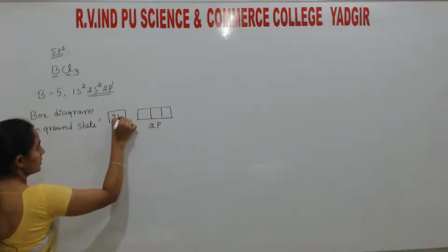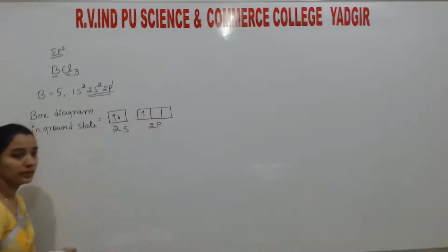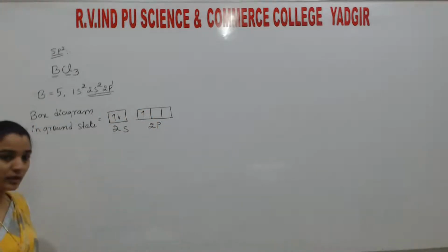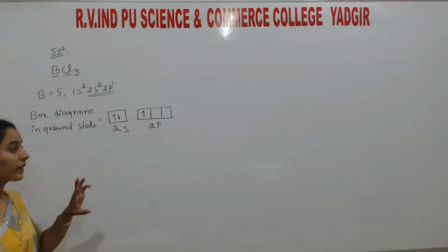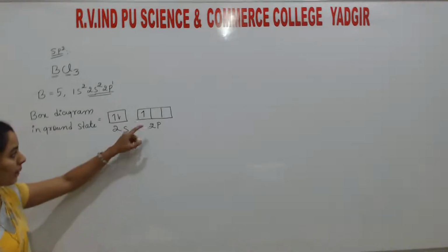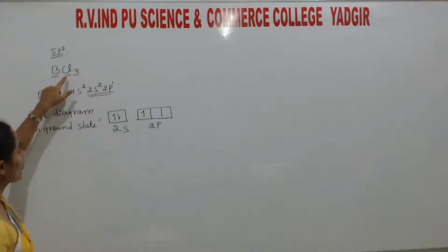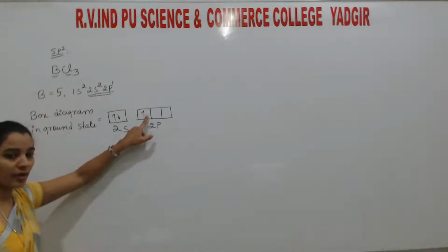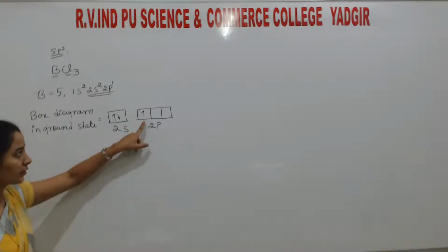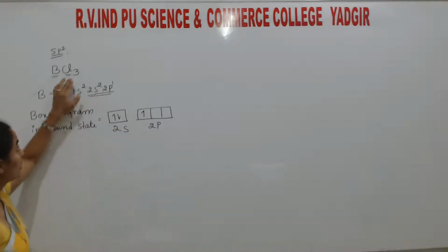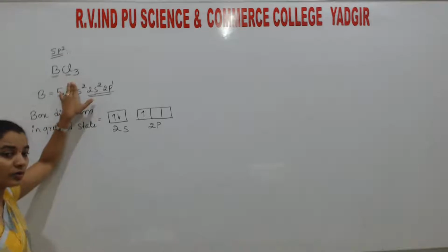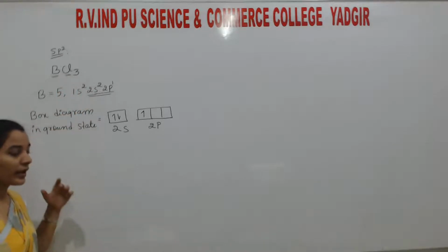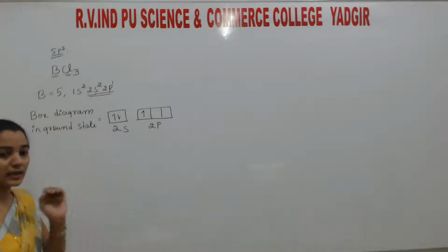S orbital is here, p orbital is here. Understand? Second thing is the comparison of the number of unpaired electrons and the number of bonds. Here the number of electrons available for bonding is only one, only a single electron. This is already paired up. But here we require 3 bonds.